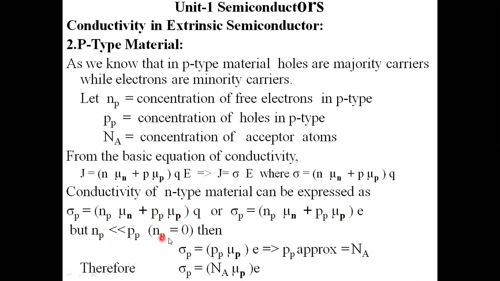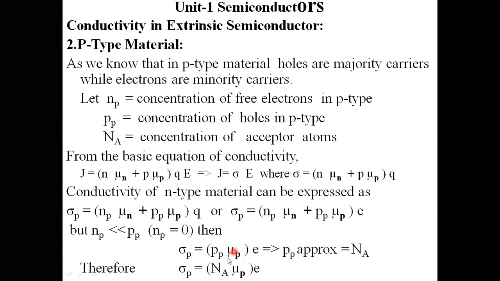Then sigma p, eliminating this term by substituting 0, will become sigma p is equal to Pp mu p into small e.